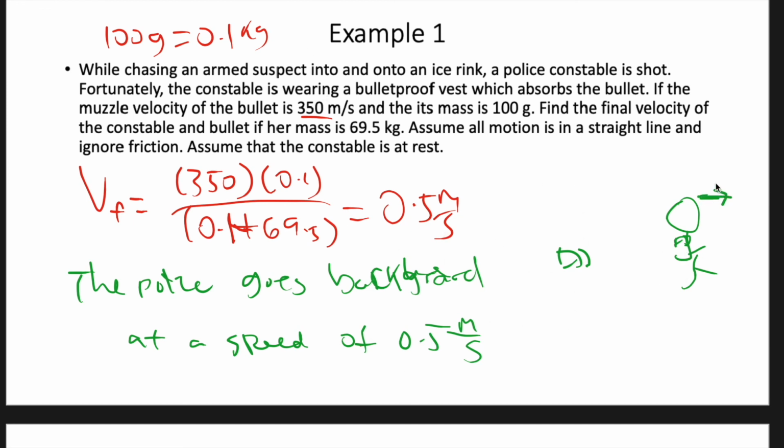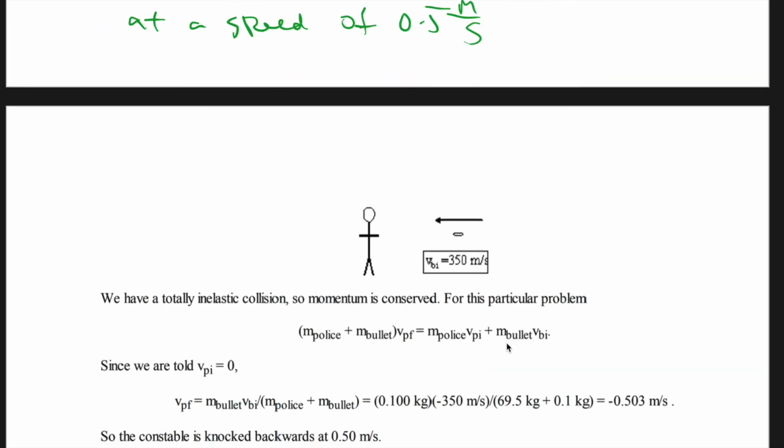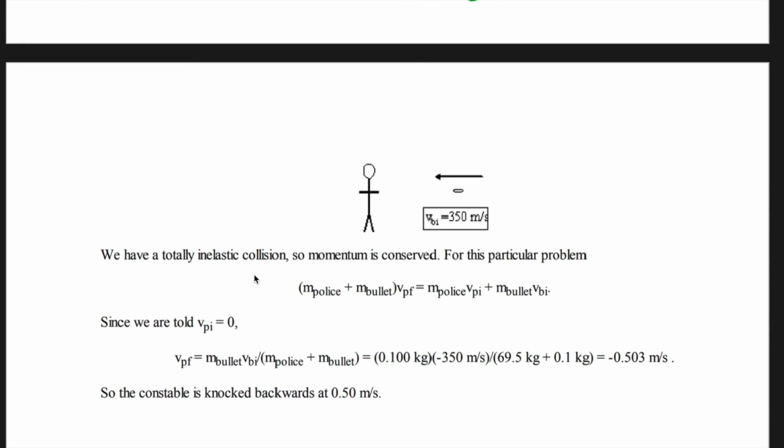So it's going in this direction. This is just the answer from this one. So here it is going backward at a velocity of 0.5, meaning going this direction. I drew the opposite direction, but it's both going backward.